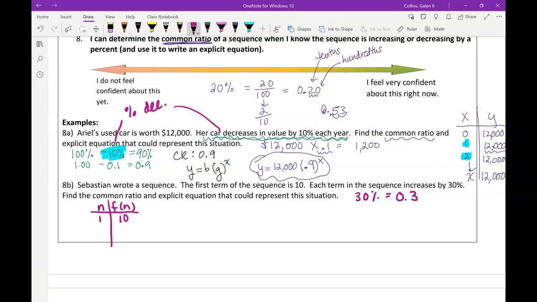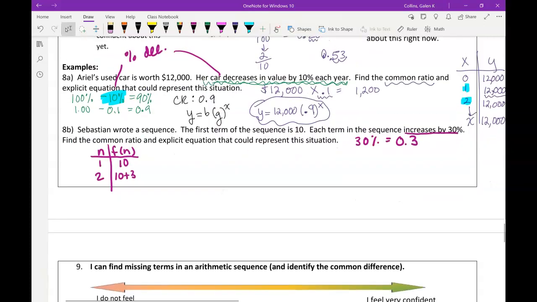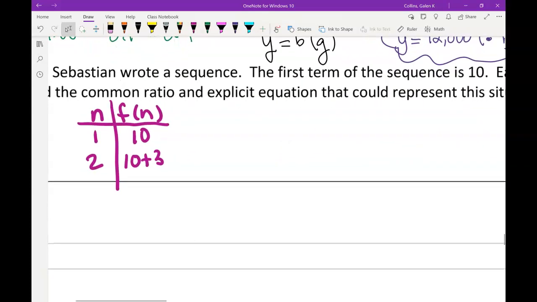So I know that my next number in the sequence can't be 3 because I'm told the sequence is increasing by 30%. But since 3 is 30% of 10, that means my next term is 10 plus 3, which is 13, right?